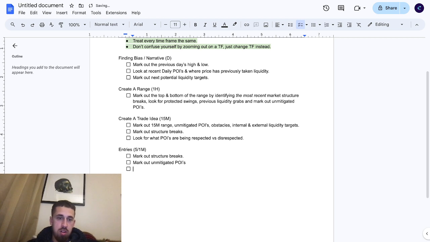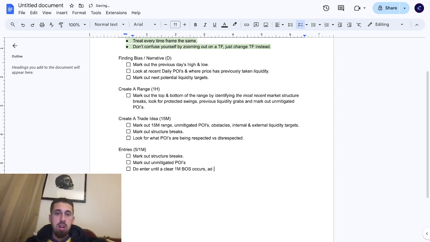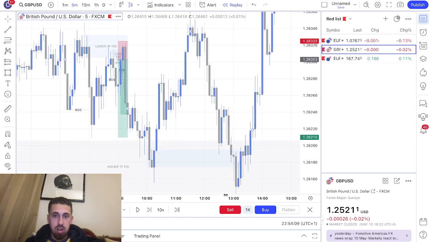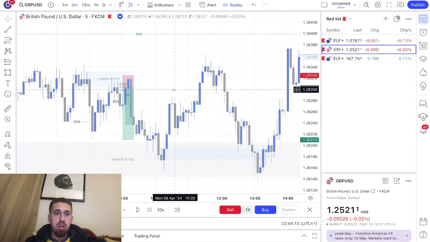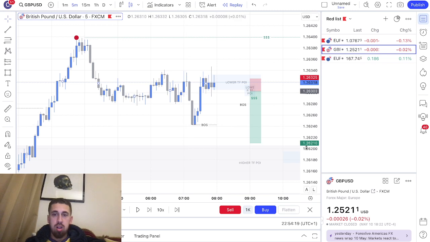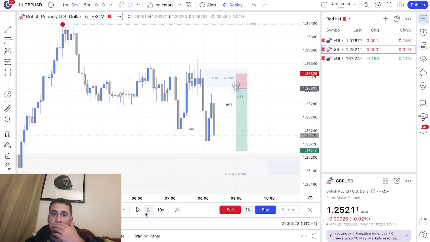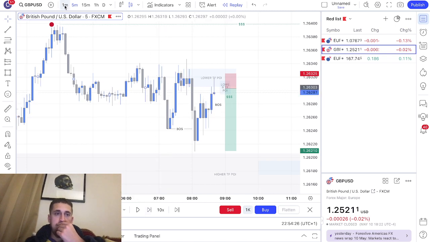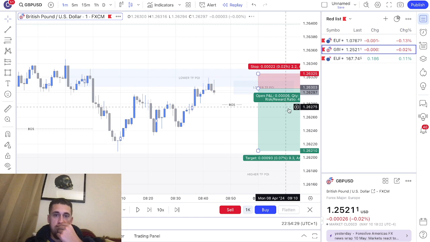Okay, do not enter till clear 1 minute plus occurs. So the break structure on the 5, sorry.